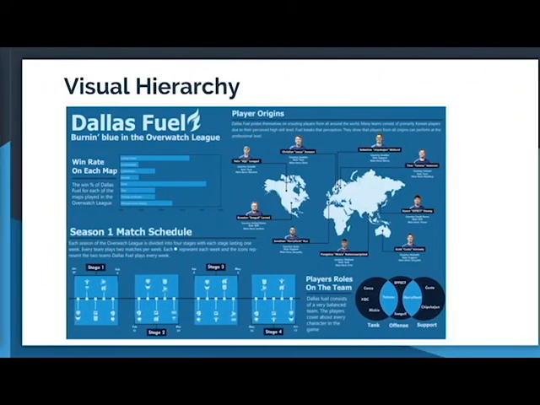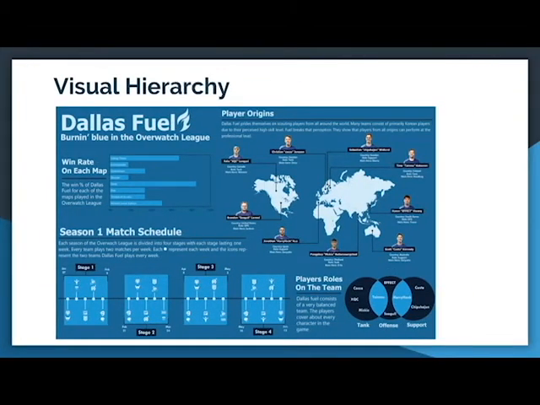So next, I'm going to be moving on to my visual hierarchy. I created my visual hierarchy mostly through size of the displays. I made the more important displays take up more room on the infographic, whereas the displays that have a little bit less information are a little bit less important, so they get the smaller sections on the infographic.